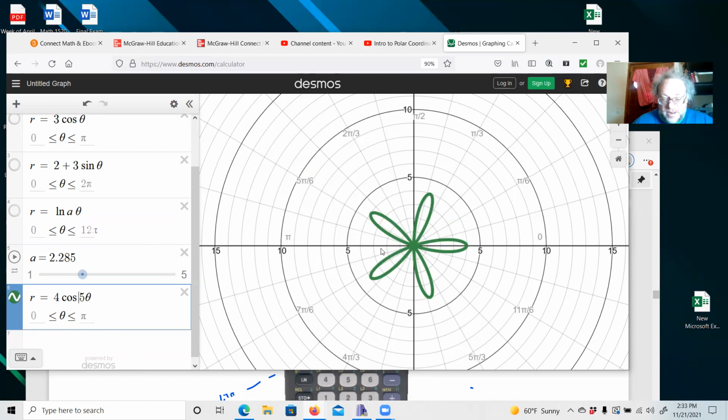I don't know how to make it spin. But you might be designing something and you've got a fan, and maybe we've got to plate something on the edges of the fan. How much plating do we need? What's the length of all of these little loopy loops and all the petals? You might have to know that.